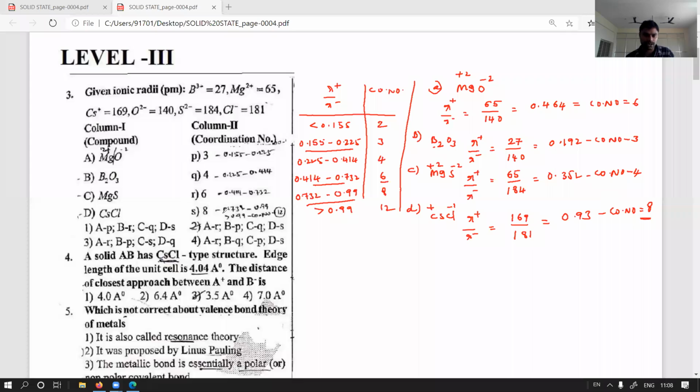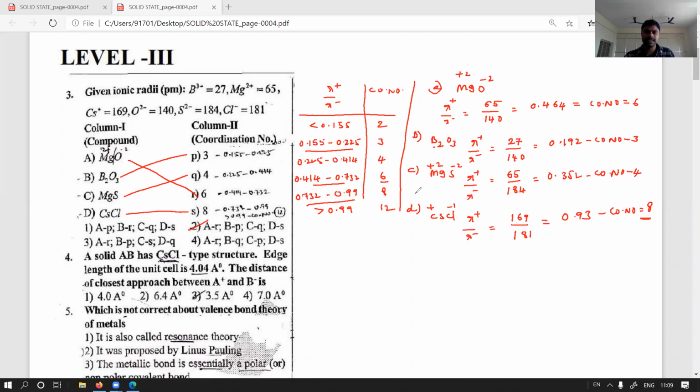So according to that, the correct option is the second one. Magnesium oxide coordination number is 6, B2O3 coordination number is 3, magnesium sulfide MgS coordination number is 4, and cesium chloride coordination number is 8. This is the correct matching.